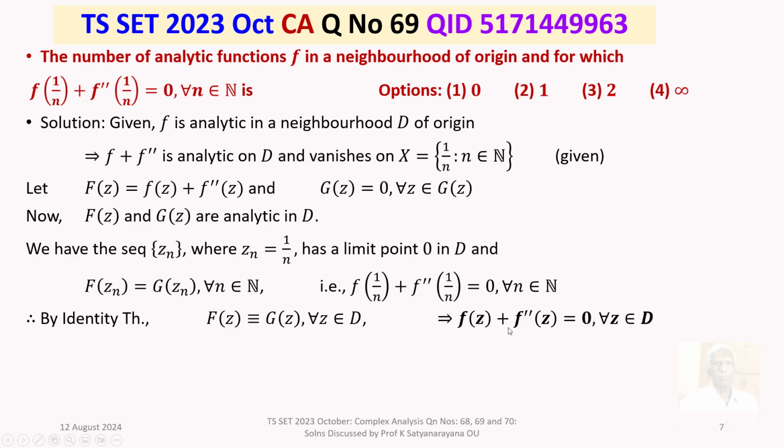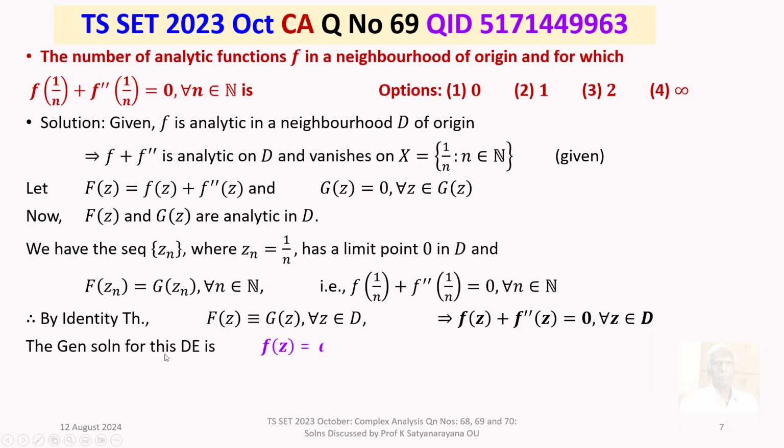Small f of z plus f double prime z is equal to G of z, a 0 function, for all z belongs to D. It is a second order homogeneous linear differential equation, and whose general solution we know.